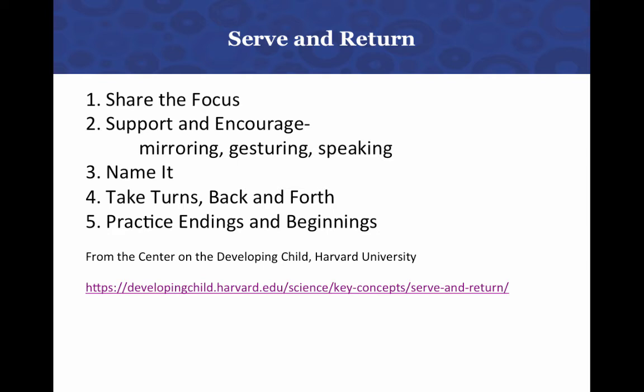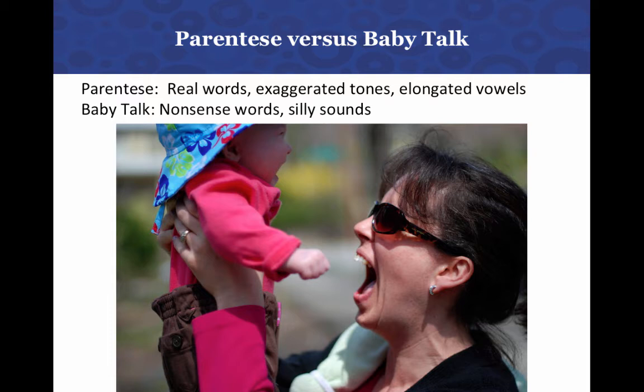This next section is about parentese versus baby talk. And my source is an article written up in Science Daily in which they reference a 2018 study where iLab's researchers coached a group of parents in how to speak parentese with their 6-month-old child. And they had 2 groups, one group that spoke parentese to their 6-month-old and one group who did not.